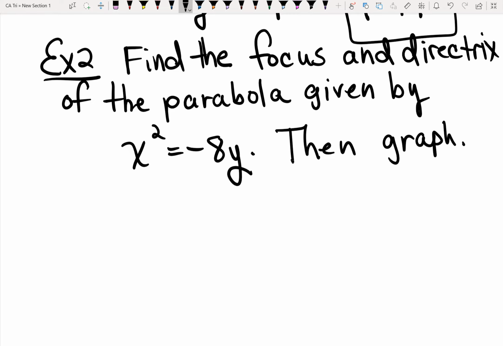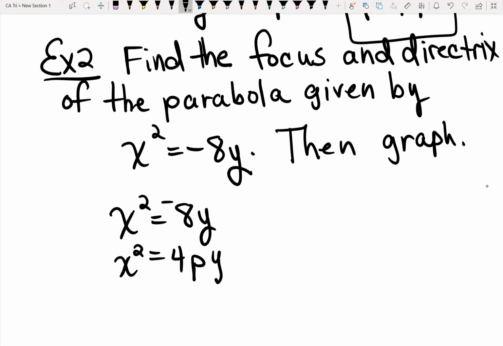So if we begin with this, we know that we have the formula x squared equals negative 8y. So we know that x squared is equal to 4py, and by default we know that 4p has to equal negative 8.